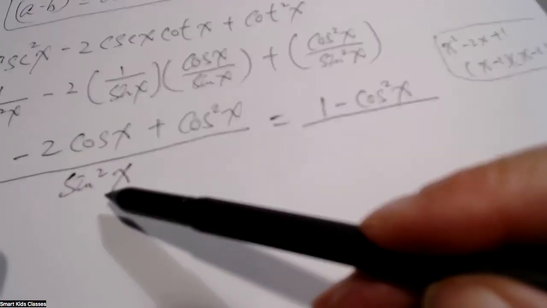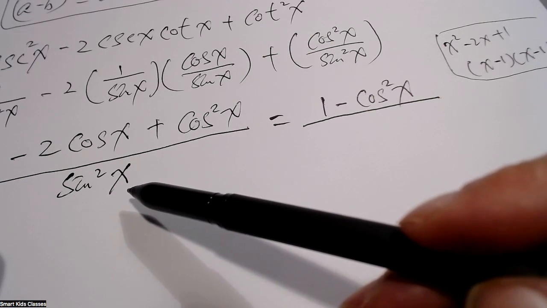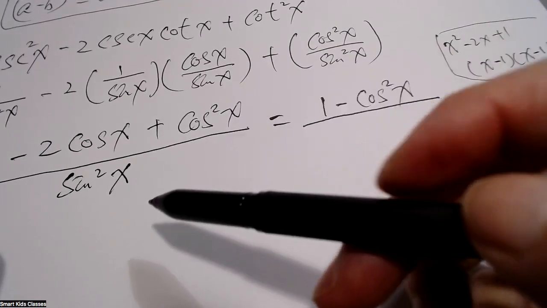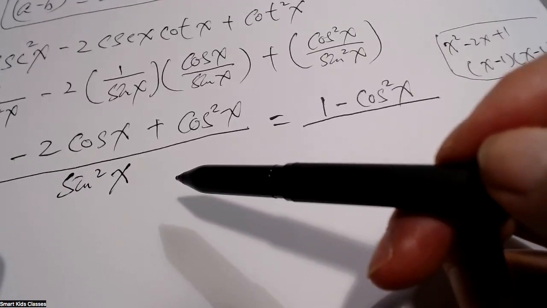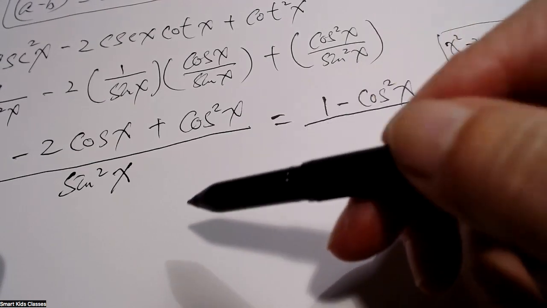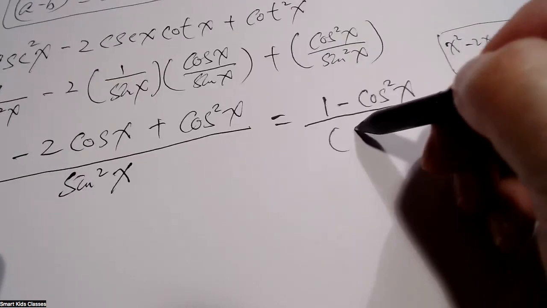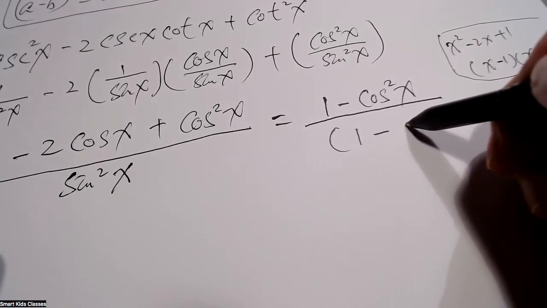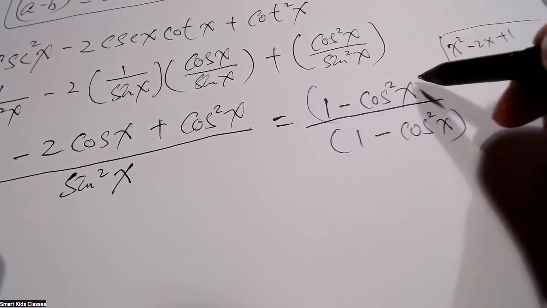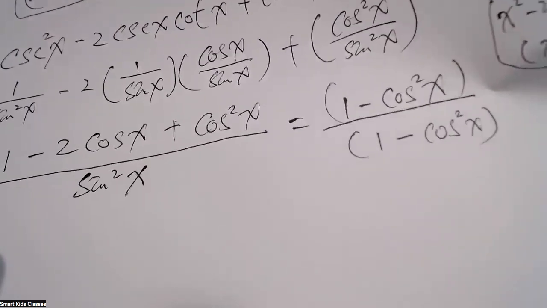Now, how about sine squared x? We're going to apply the Pythagorean theorem: sine squared x plus cosine squared x is equal to 1, and then sine squared x is equal to 1 minus cosine squared x. Now from here, we continue.